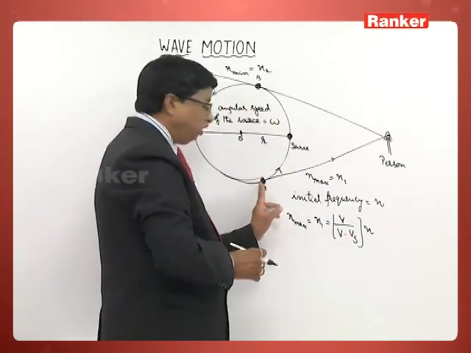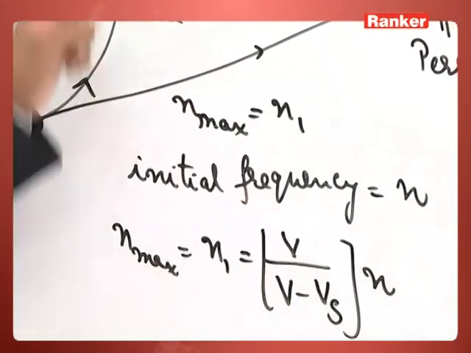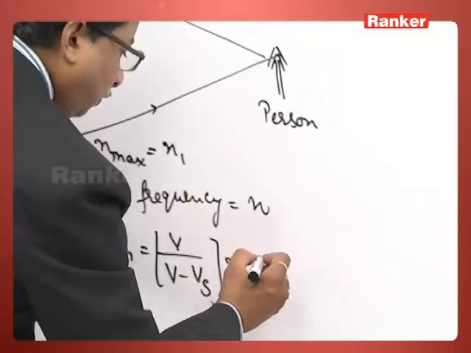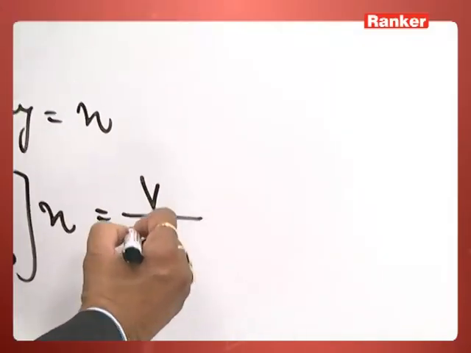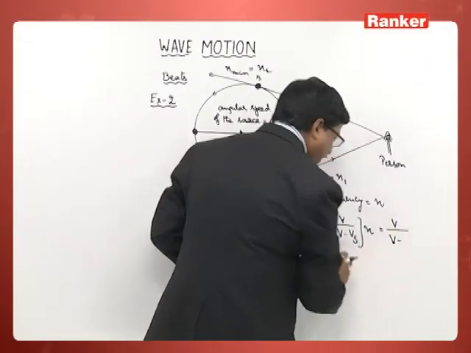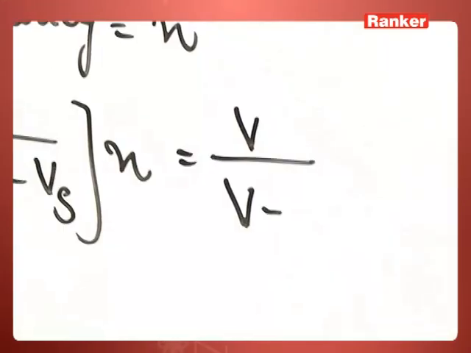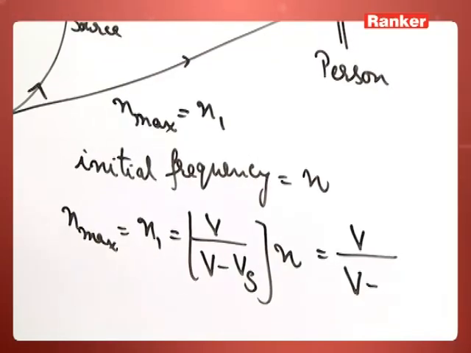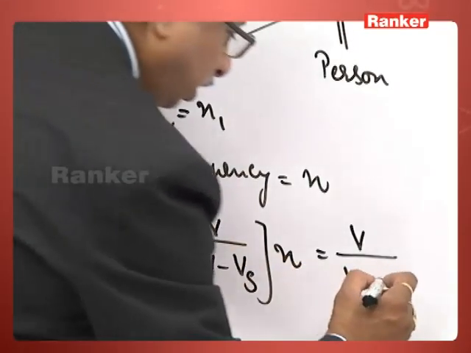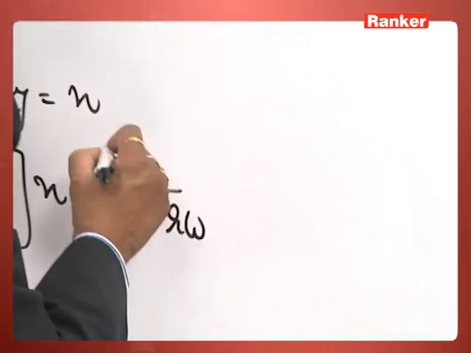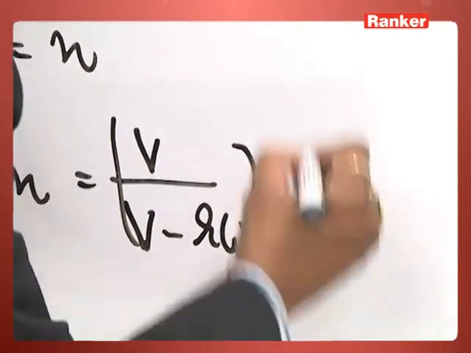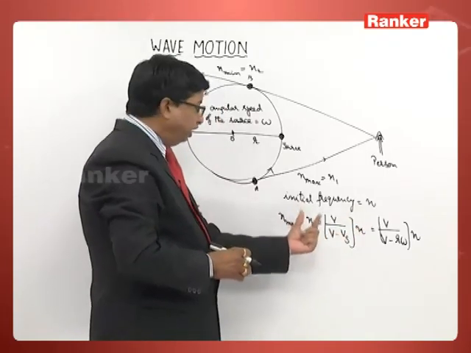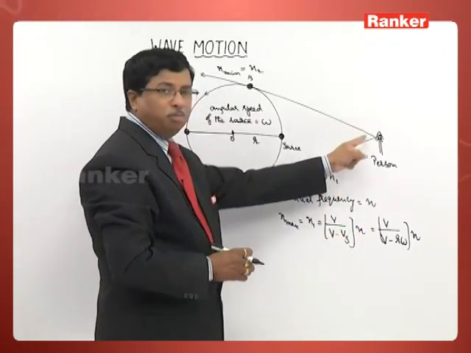Vs is velocity of the source in this particular example. But how to write this velocity of the source now? It can be rewritten as V by V minus R omega into N, since there is a relation between linear and angular speeds. So, this gives you the maximum frequency of sound heard by this person.